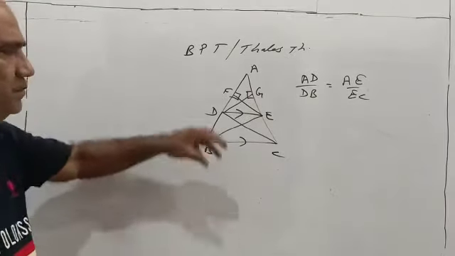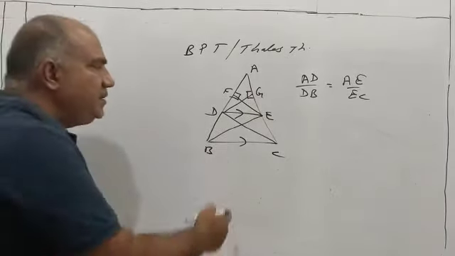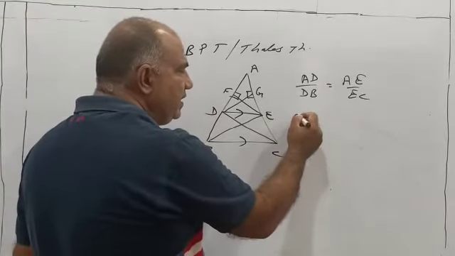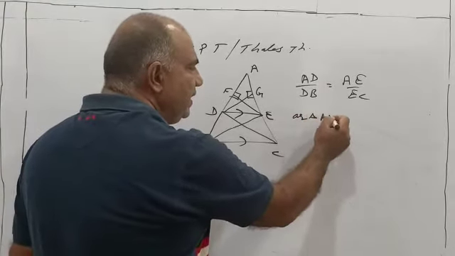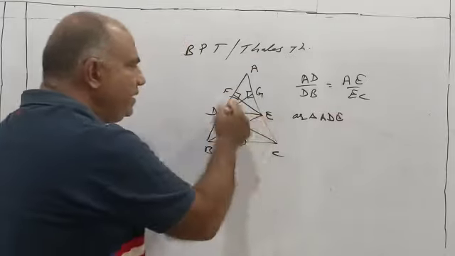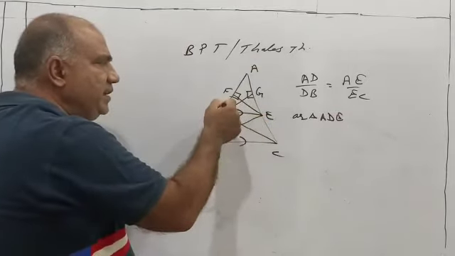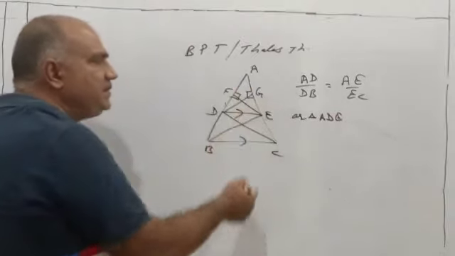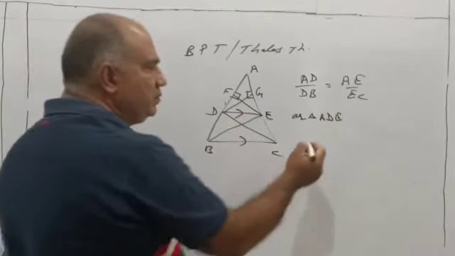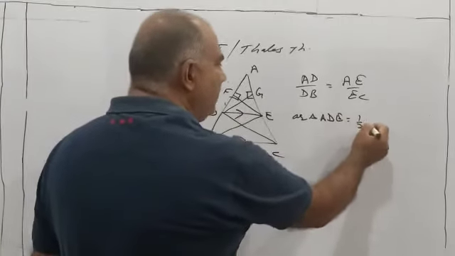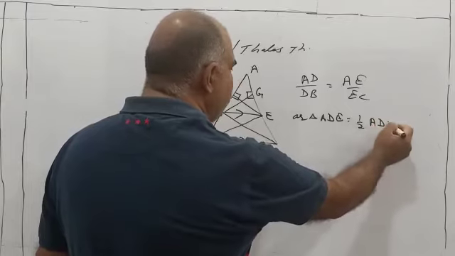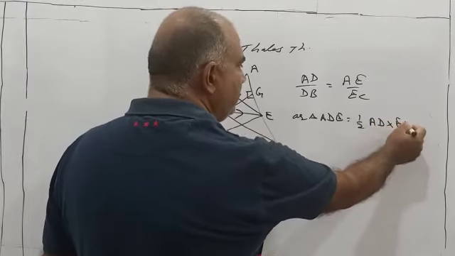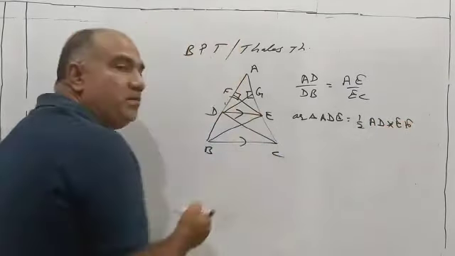Now if I want to find out the area of triangle ADE with base AD, then for base AD, EF is the height or perpendicular. So that will be equal to half into AD into EF. Area of triangle is half into base into height.